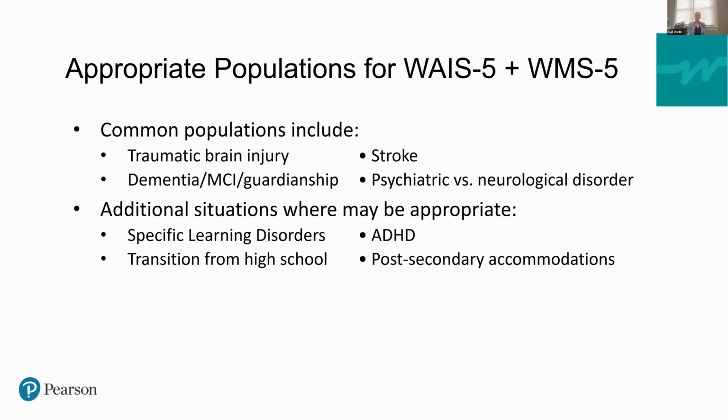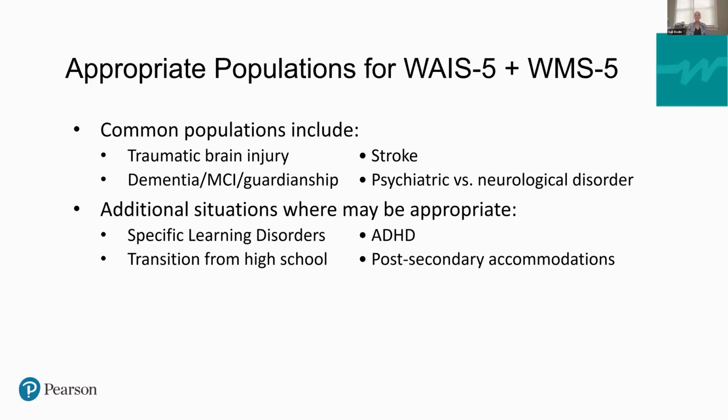Other situations where I find the WMS-5 to be a helpful part of my battery include adolescents and adults being evaluated for possible ADHD and/or learning disorders, which may have gone undetected when they were younger or were misidentified as behavioral problems.